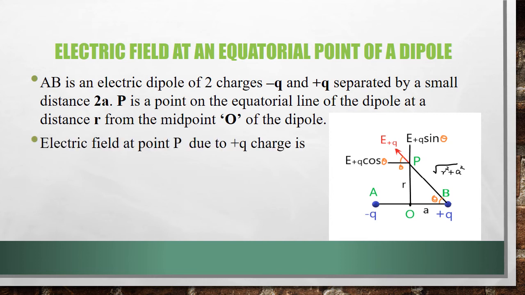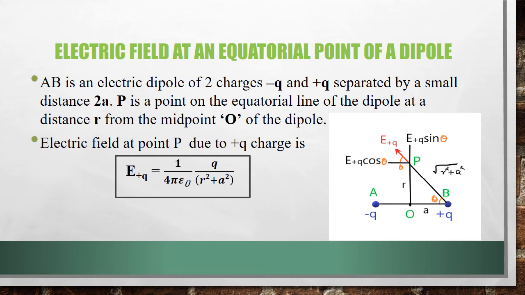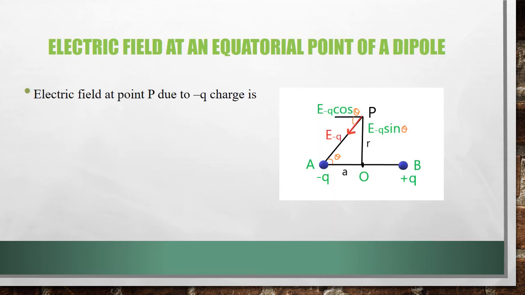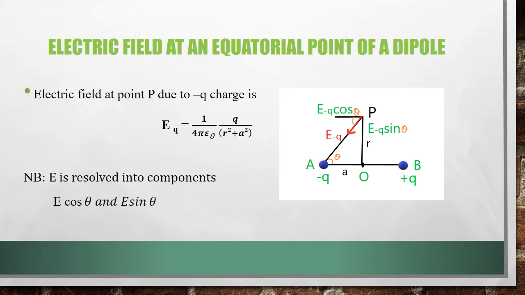Here, the electric field at P due to plus q charge, E, equals 1 by 4 pi epsilon 0 into q divided by (r squared plus a squared). The electric field at P due to minus q charge is E equals 1 by 4 pi epsilon 0 into q divided by (r squared plus a squared).